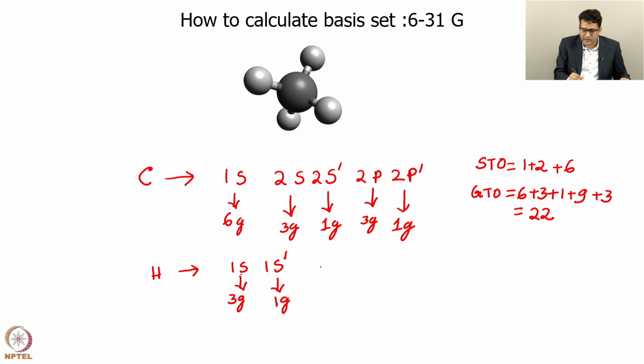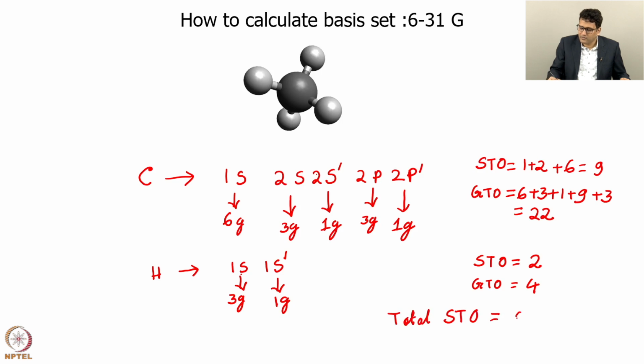So, my number of Slater type orbitals is 2 and my number of Gaussians is 4. So, I have now total, this was 9, so my total STOs are 9 plus 2 into 4, for 4 hydrogens. So, total 17.